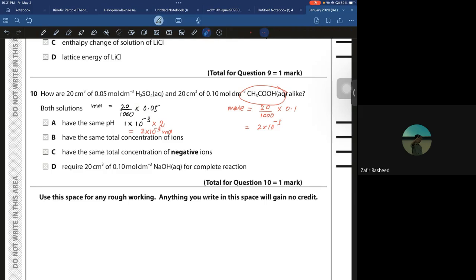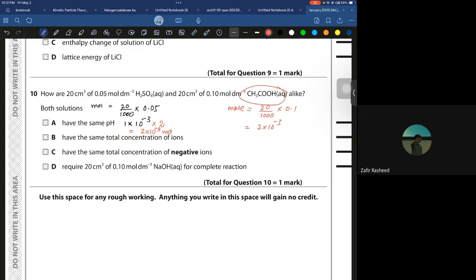CH3COOH is a weak acid. It doesn't ionize easily. If this is a weak acid, they can never have the same pH. Option B: have the same total concentration of ions. No, they have different concentrations of ions, because they are not saying the H plus ion, they are saying total concentration.